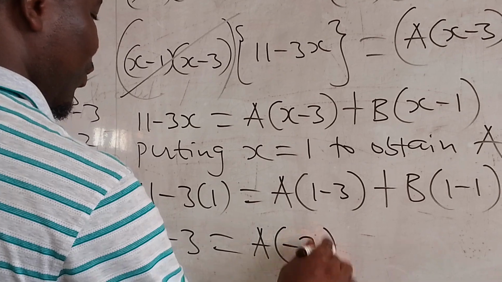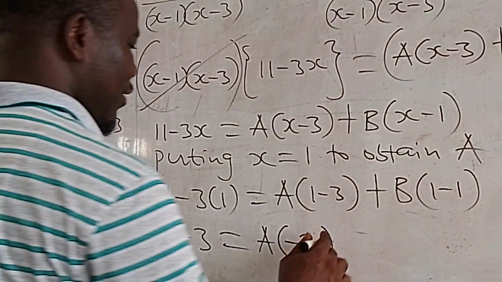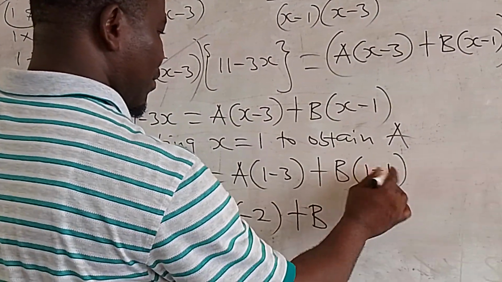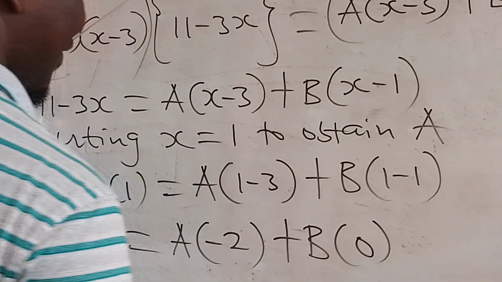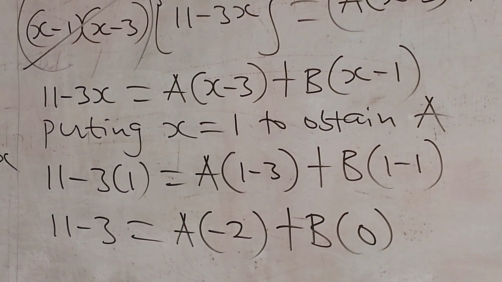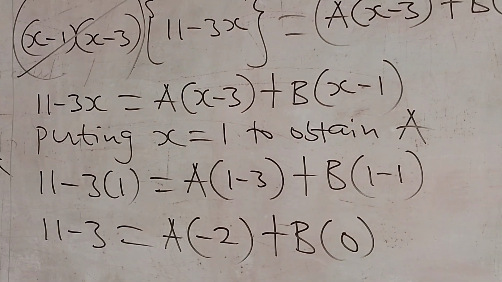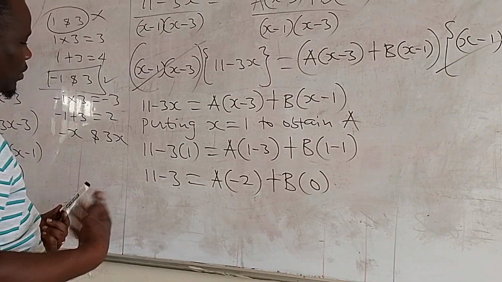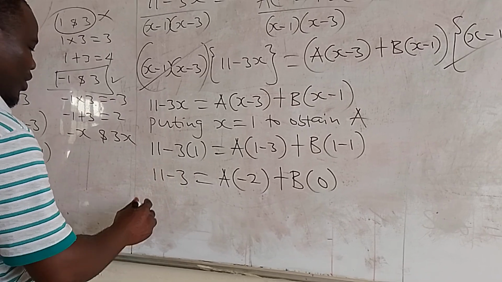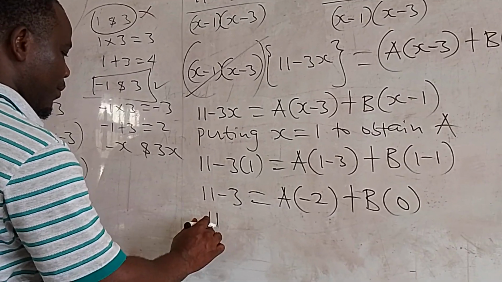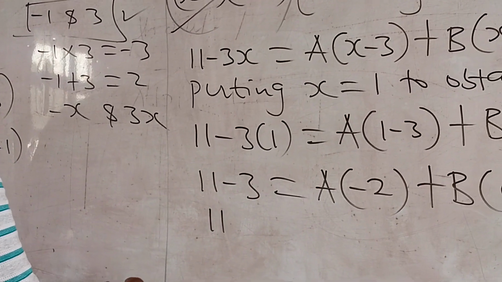It will give us minus 2. True or false? Then plus B, 1 minus 1 is 0. Can you see what I have seen now? So it means this will vanish, isn't it? B times 0, it will give us 0. So the whole thing will now be 11, okay, 11 minus 3 will give us what?